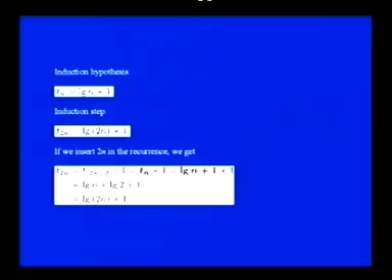So, I can transform this to log n plus log 2 plus 1, and using the logarithmic law, this becomes log 2n plus 1. Now you can see how these things are accomplished.